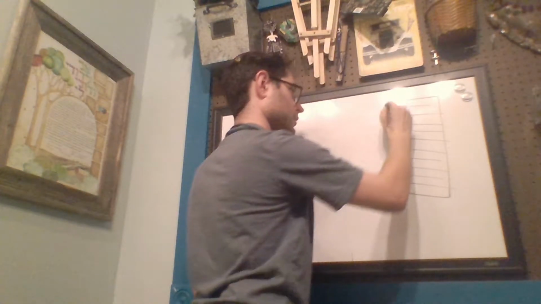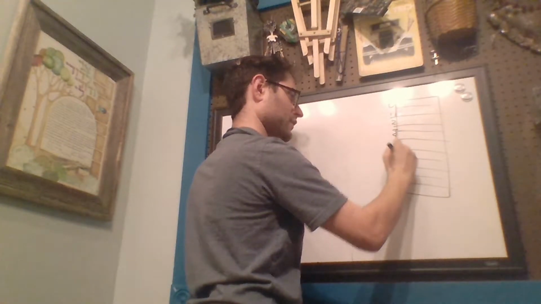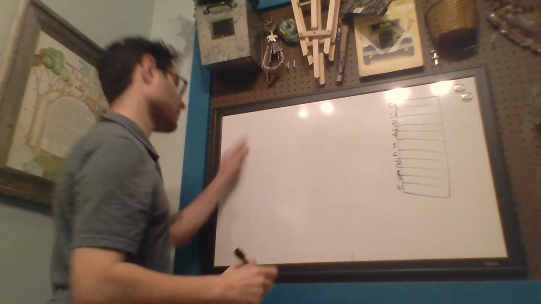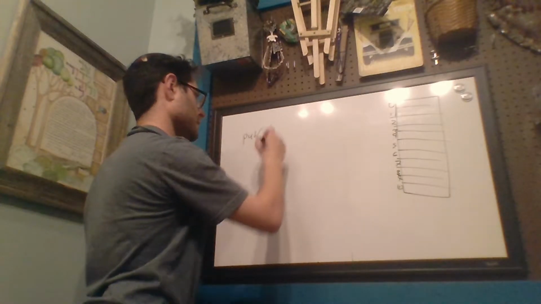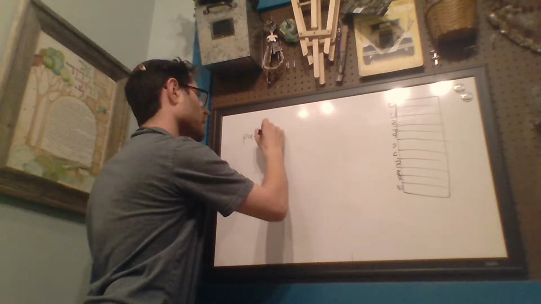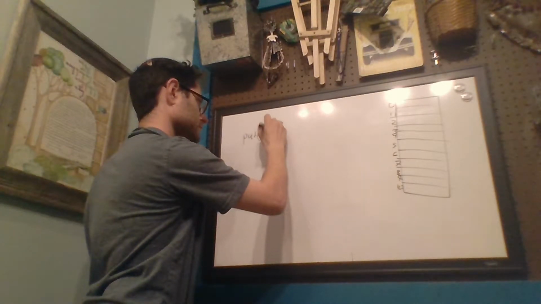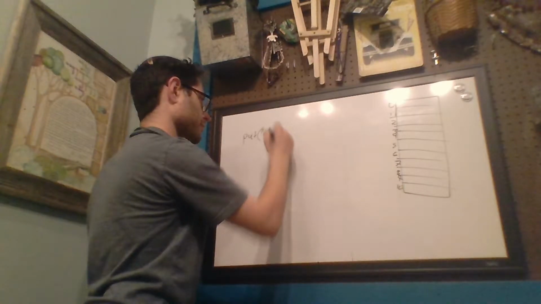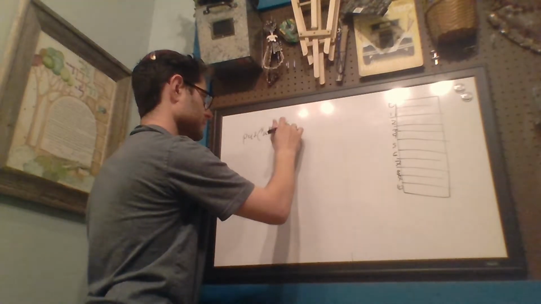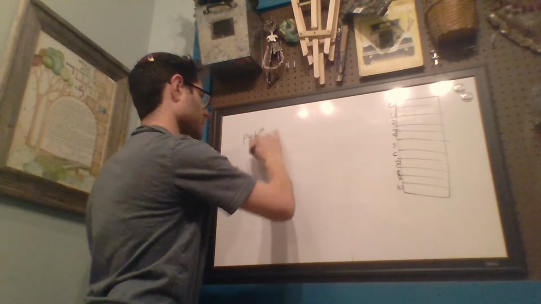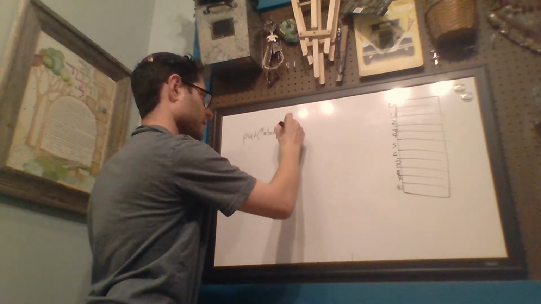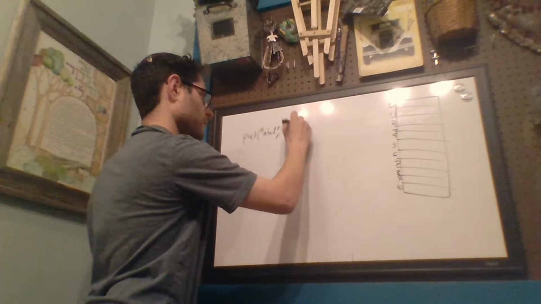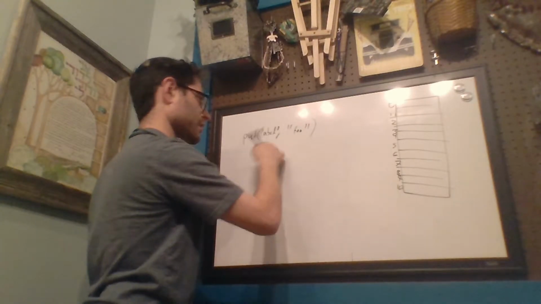Suppose we wanted to insert, we wanted to put ABCD as our key, and I wanted to put foo as our value. So our key is a string and our value is a string.